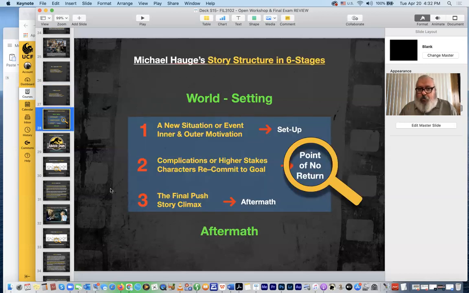Okay, talking about Michael Hauge and the 6 stages of story structure again, we talk about the point of no return. I gave you some video to watch from him, and like I was talking to you earlier, both the scripts from King Kong and Jurassic Park reflect the existence of a very conspicuous turning point in the story, which is exactly, for the most part, halfway through the document.